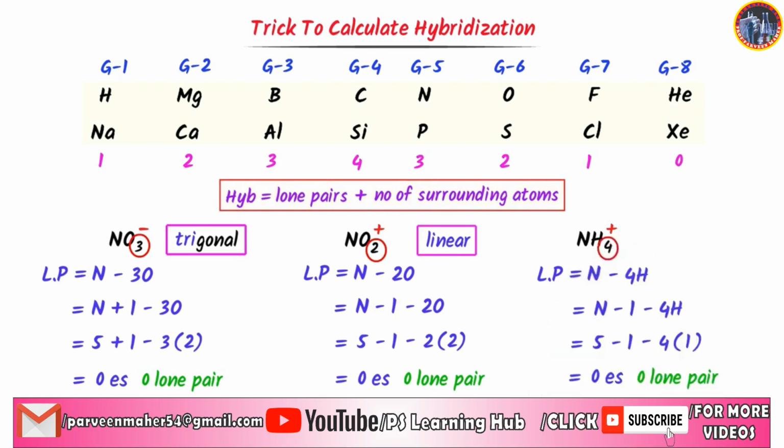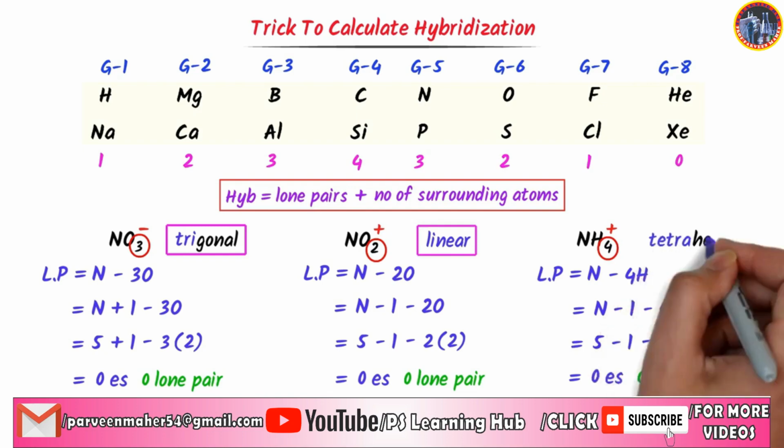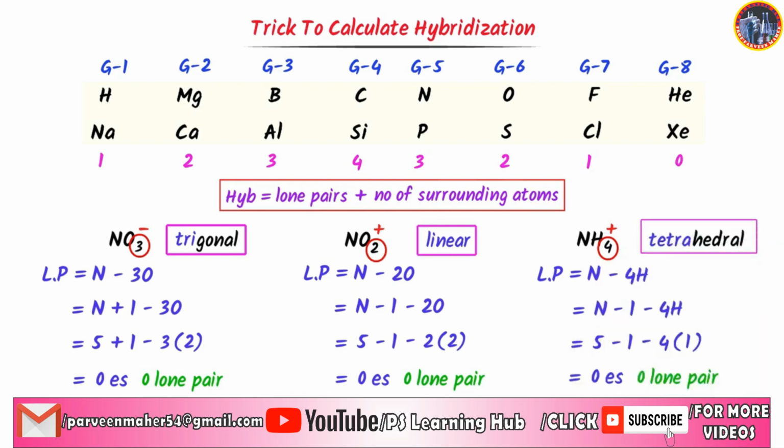Our hybridization is equal to 0 plus 4. I get 4 hybrid orbitals. This 4 means 1s and 3p hybrid orbitals. So the hybridization of nitrogen is sp3. We know that this 4 stands for tetra or tetrahedral. So the structure of this molecule is tetrahedral. Therefore, using this trick, we can easily calculate the hybridization of a central atom.